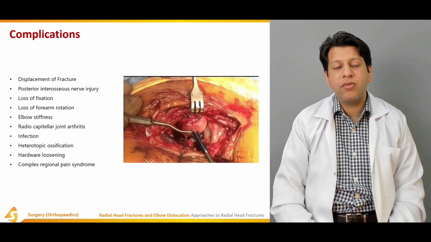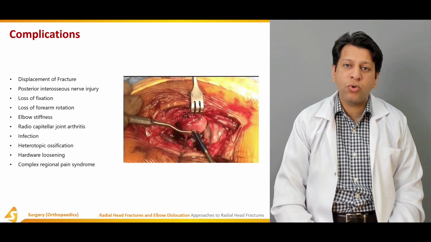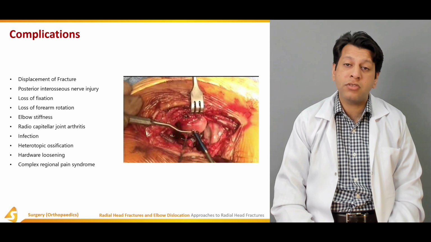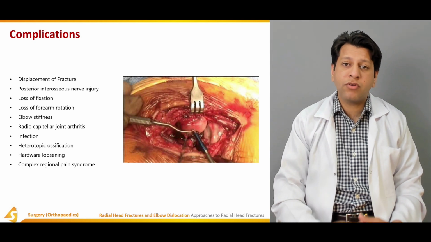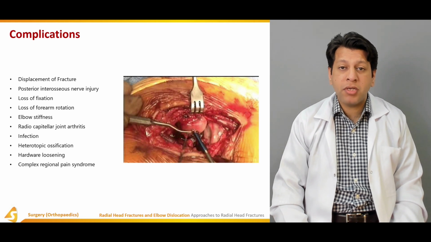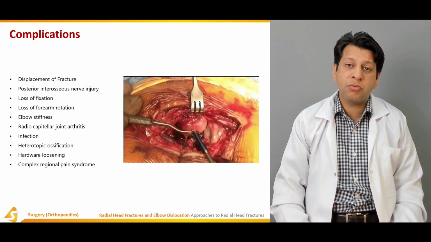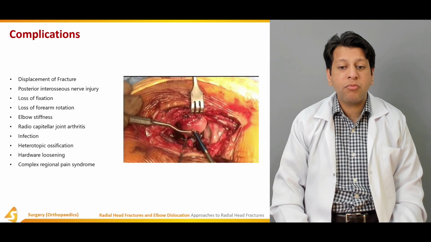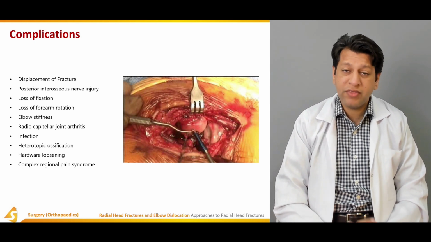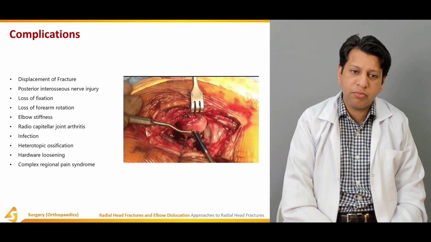Now, with every surgery there are pros and cons. We manage conservatively, especially in the case of Mason type 1, so a lot of surgical complications are avoided. But when we are dealing with Mason type 2 and 3 injuries, which are displaced and comminuted, then probably we have to go for open reduction and internal fixation. But every surgery has its own complications.